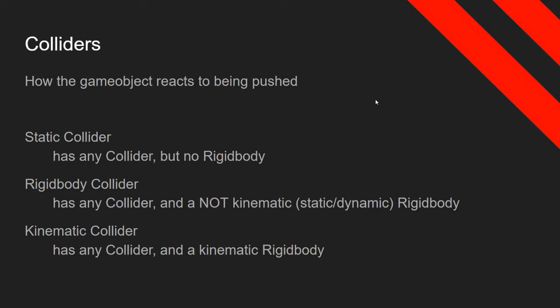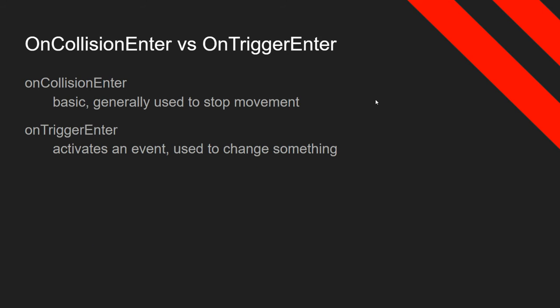A rigid body collider has a collider, but it doesn't have a kinematic rigid body. And I believe you guys can read. But basically, there are three types: static, rigid body, and kinematic. And Unity has published a couple of charts. I'll get into the charts later as to how those particular types of rigid bodies interact with each other.